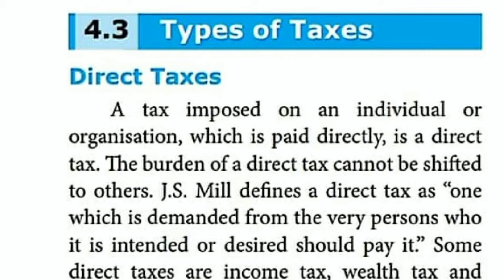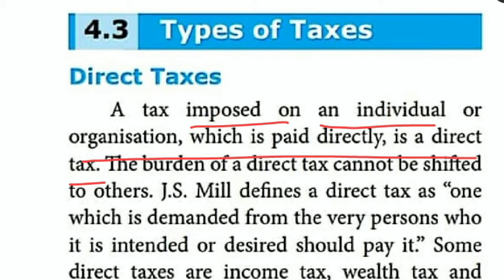Okay, children, now I am going to explain. A tax imposed on an individual or an organization which is paid directly is a direct tax. So direct tax in the sense, what is the meaning? The government levies, imposes, as it is given in your book. I am telling levied, the same meaning only, children.